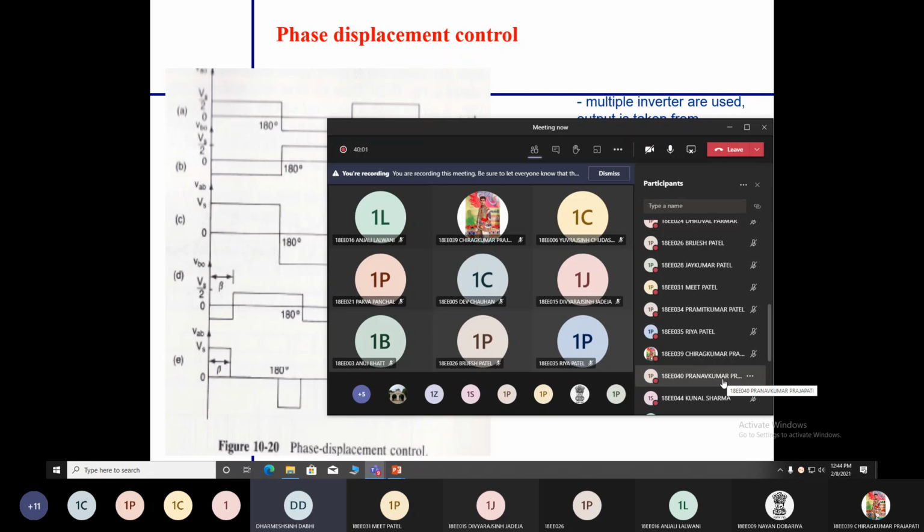Which number? 40. When did you mail it? Sir, 8 days ago at night. Okay, I will check. Then what about 39 number? I will give you 100 times. See, I write everything here, I have a record of everyone. And this will directly reflect in your exam marks.